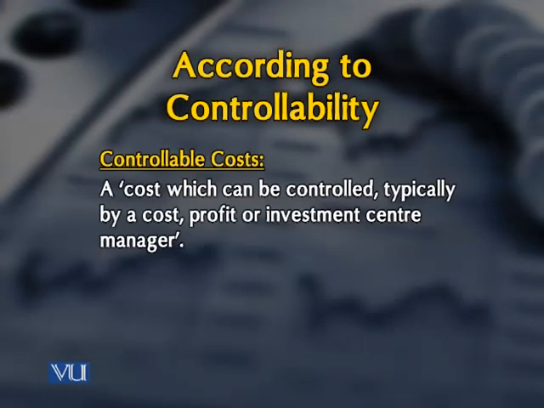Controllable cost is a cost which can be controlled typically by a cost, profit or investment center manager. It means the in-charge of the department is exclusively responsible for the incurrence of variable cost, which is a controllable cost.